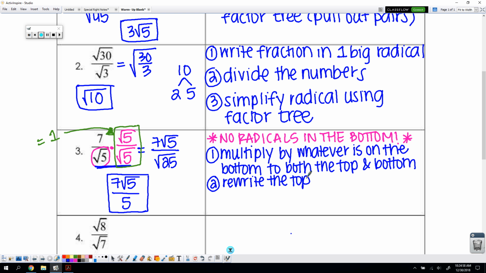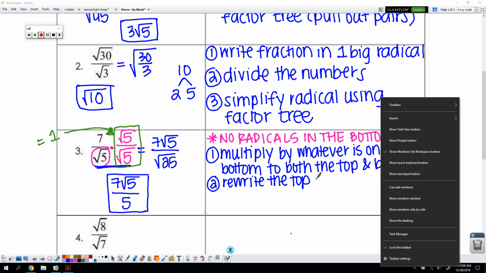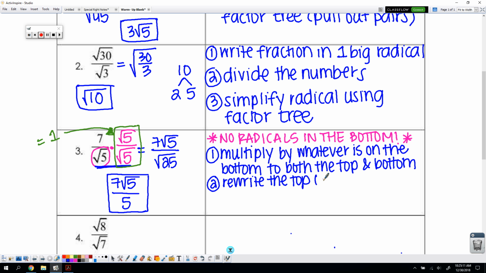In this one, there is no combining of things, but it is possible that that could happen. You'll notice in number 4, it looks like something like that could happen. Rewrite the top. Oops. Combine if possible. And multiply together the bottom.